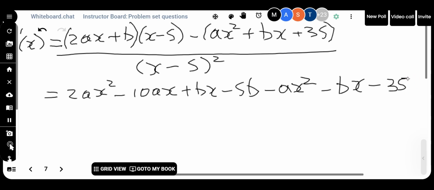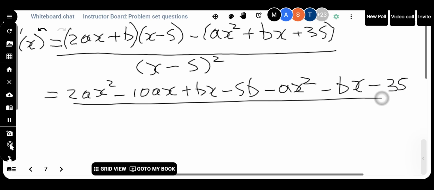And on the bottom, we still have x minus 5 squared. I'm just going to double check the top here. 2ax times x is 2ax squared, 2ax times minus 5 is minus 10ax, plus bx, minus 5b.